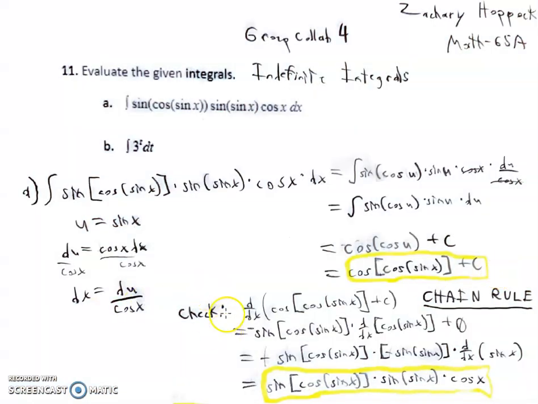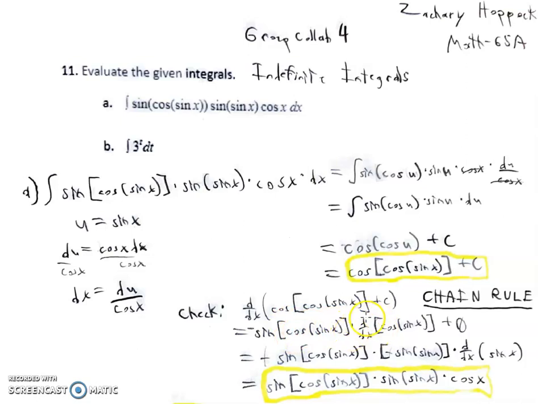And I went ahead and checked. I took the derivative of this again. When I do the check, you have to do a chain rule, because you have cosine of sine x, with an inner function inside the cosine. The derivative of cosine is negative sine, and you keep the function inside.